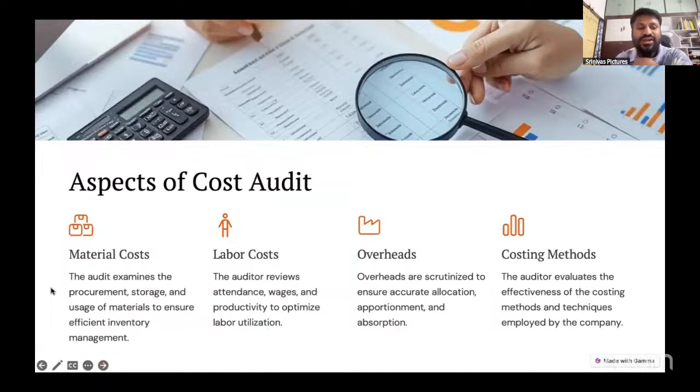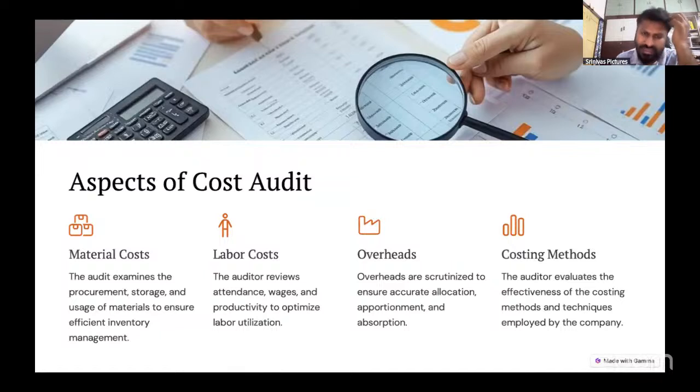For material cost, the audit examines the procurement, storage and use of the material, ensuring efficient inventory management. How much material was purchased? What material is in work in progress? What is in closing stock? How much is stored? And how effectively is it utilized? That aspect we check.